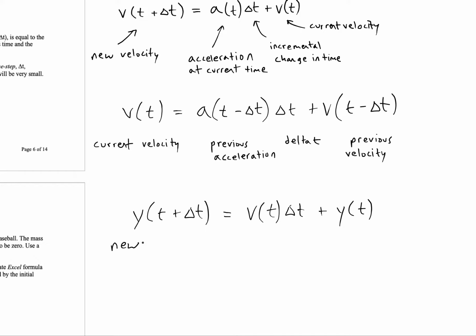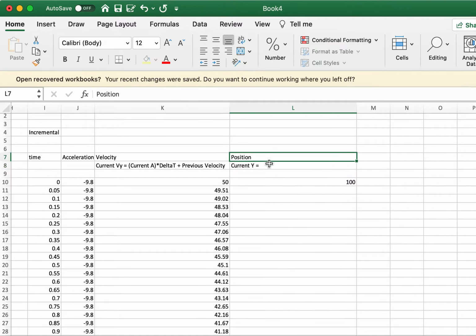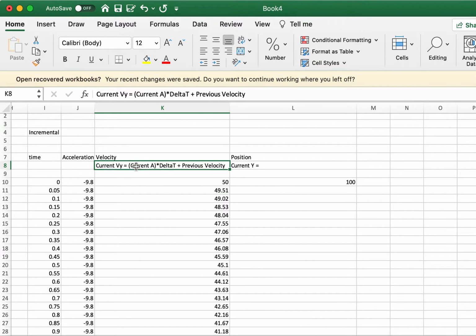So new position equals current velocity times your delta t. Well, let me write the formula first. Oh, and I want to change that.